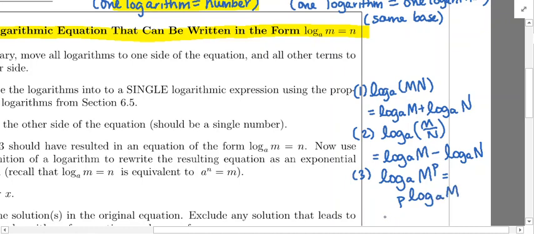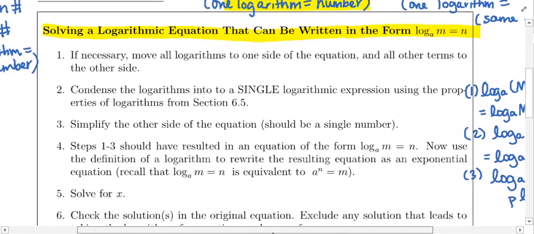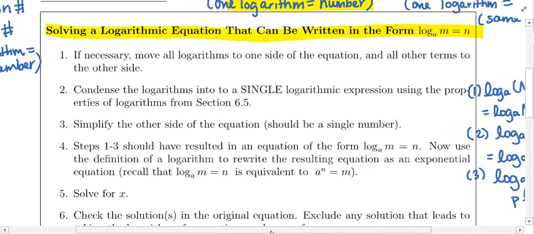Those are those three major properties of logarithms we learned in section 6.5, and you're going to use them to condense your logarithms into one. That's why we spent time in section 6.5 talking about how to condense logarithms. This is why you need to know how to do that. So in step 2, you're condensing all the logarithms into one.